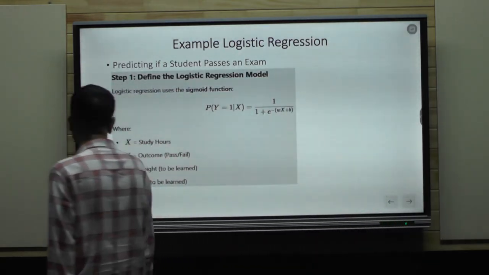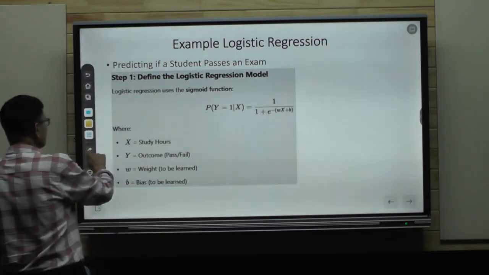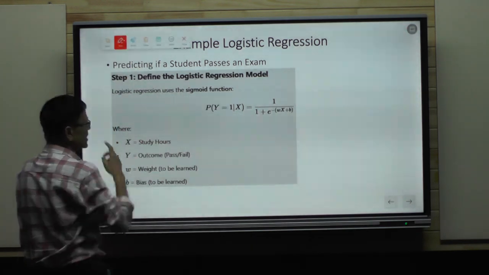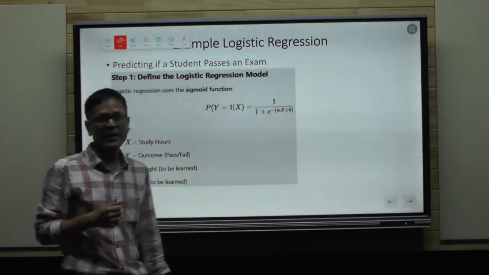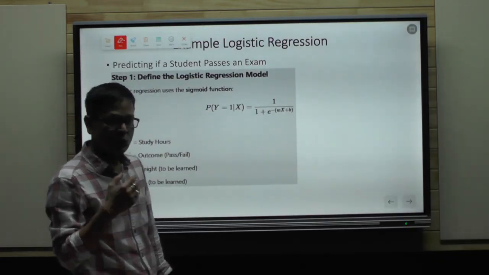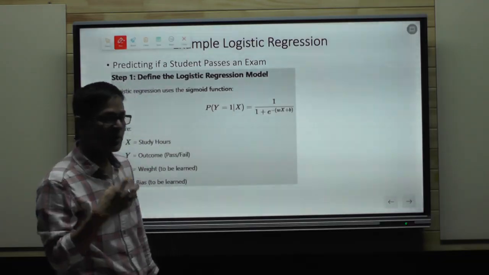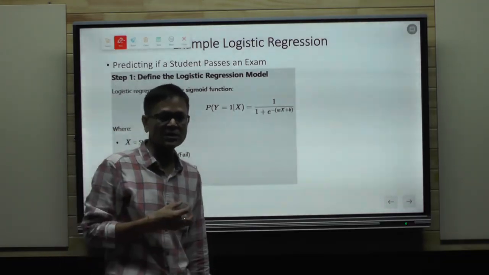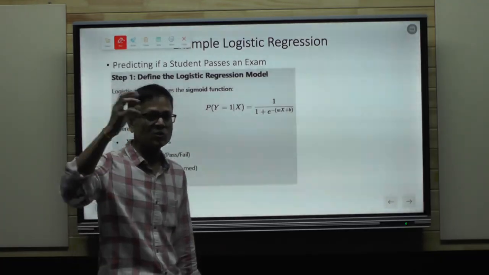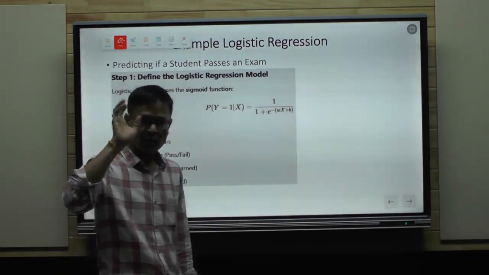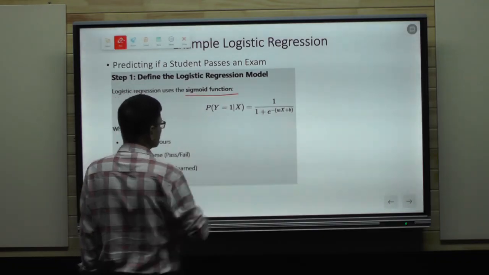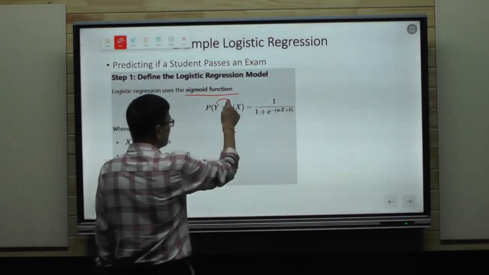Now the first step is to define the sigmoid function. You are calculating the probability of a student passing, given the number of hours that the user inputs, and you can find out whether the student passes or fails. So we have a logistic regression which uses the sigmoid function, and we are calculating for pass.